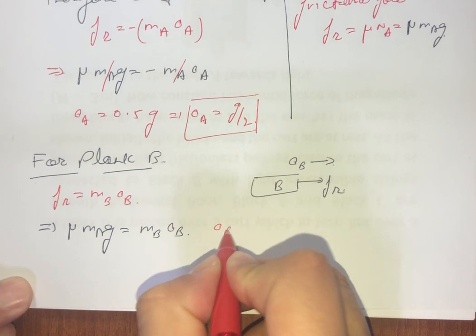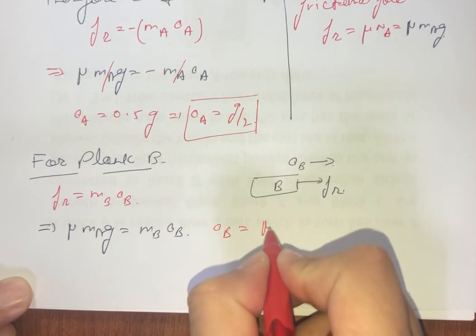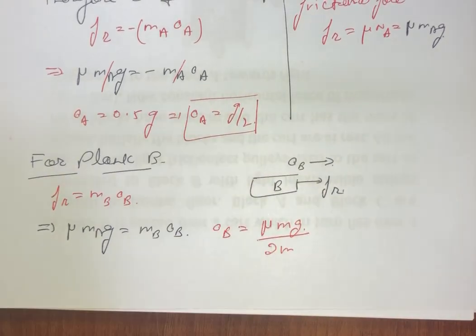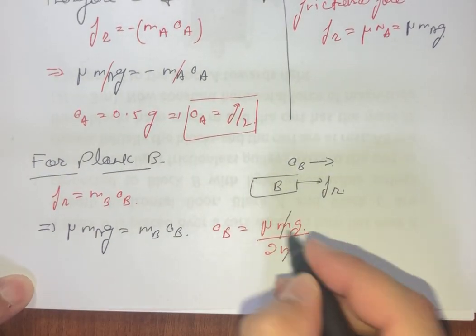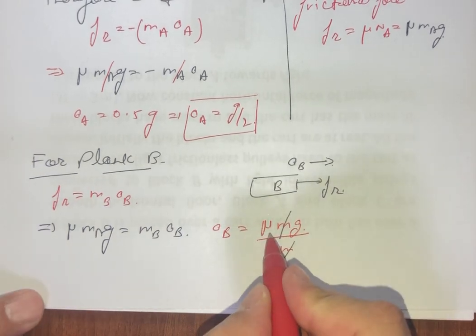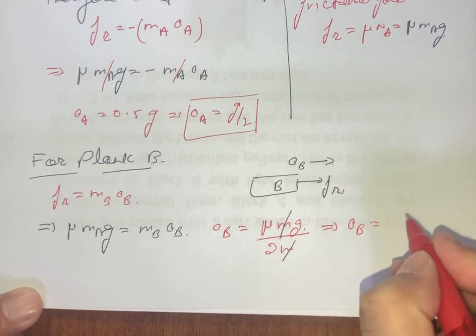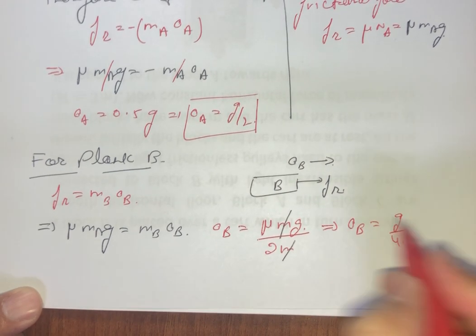So from here acceleration of B will be equal to mu mg divided by 2m. m cancels out with m, and here mu is 0.5. So acceleration of B is equal to g by 4.